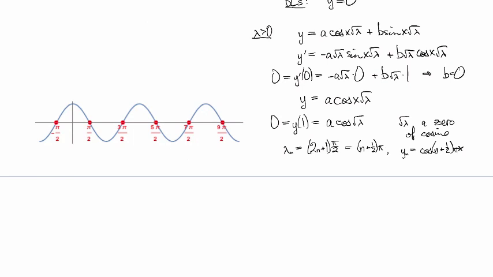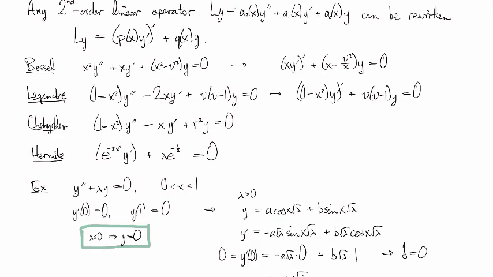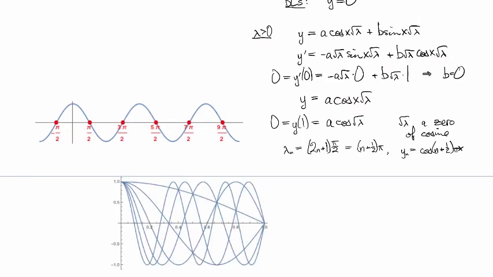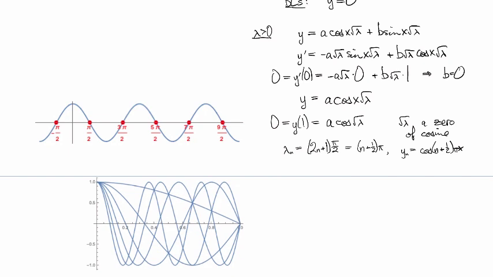Here's what the functions cosine of n plus a half pi x look like for n equals 1 up to 5.